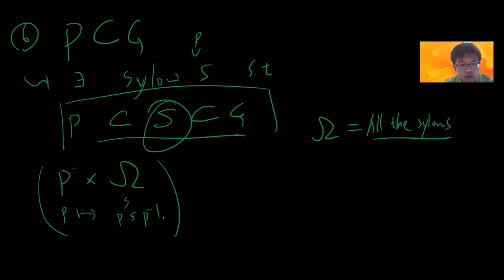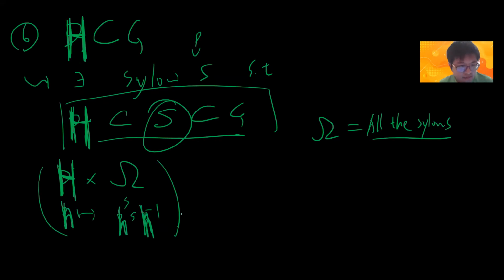Maybe let me just use H, because the capital P and the lowercase p are hard to distinguish. So this is H. This S is a Sylow group, and this is a group action.